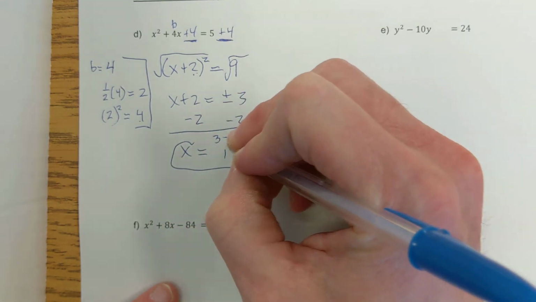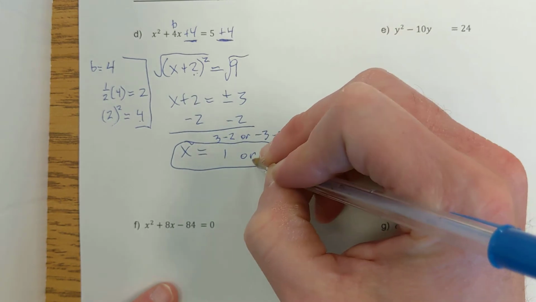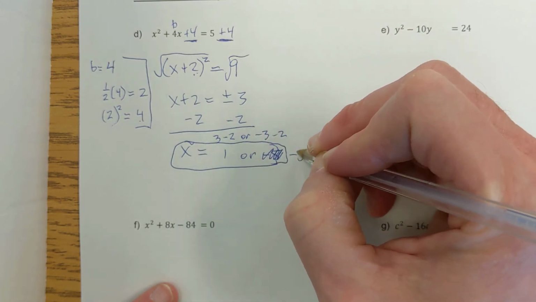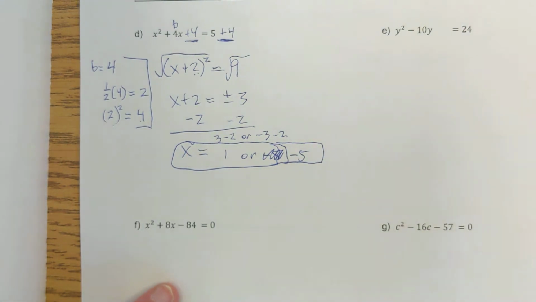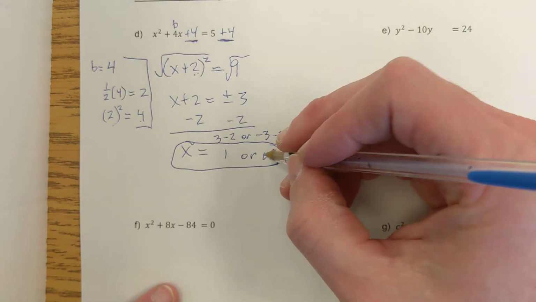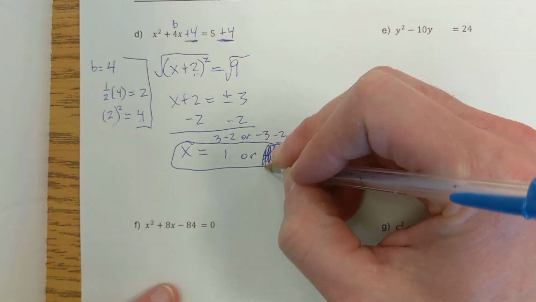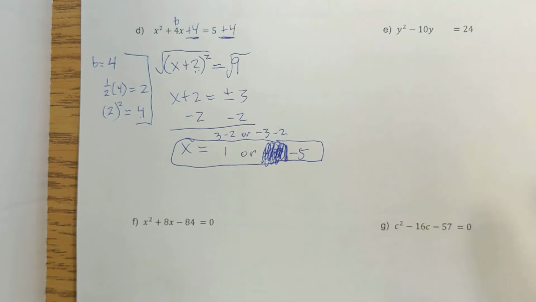Whoops, negative 5 on that solution. Let me rewrite that. We'll write it over here. 1 or negative 5. Okay, so apologies for the misprint there. But anyways, 1 or negative 5 is what we get for that first one.